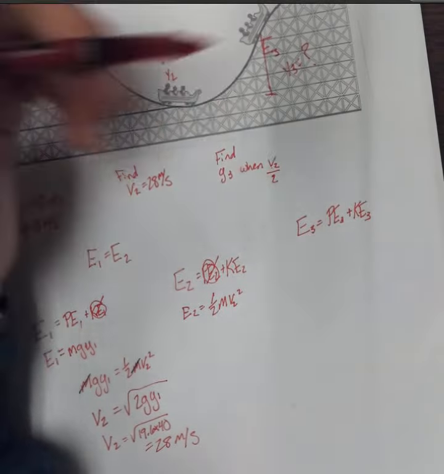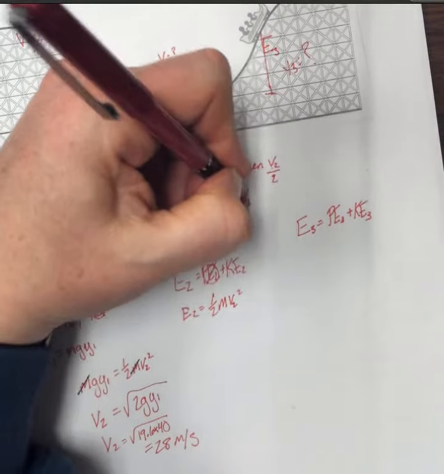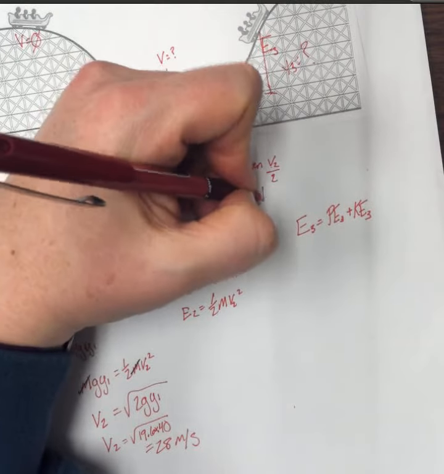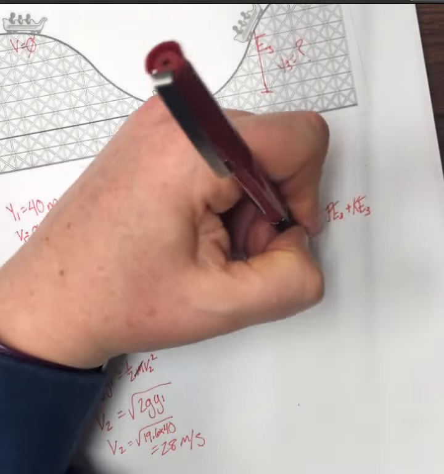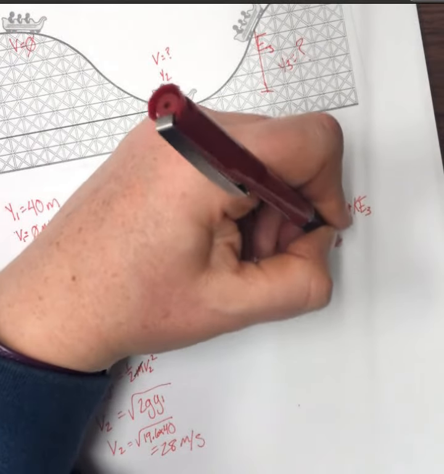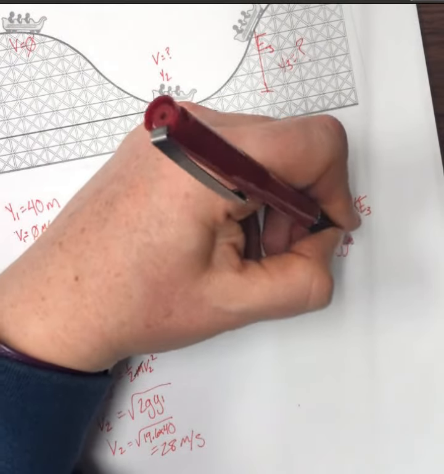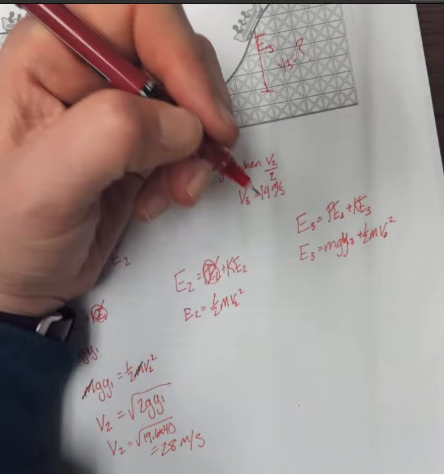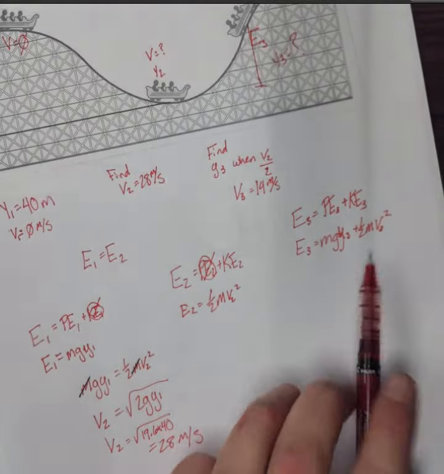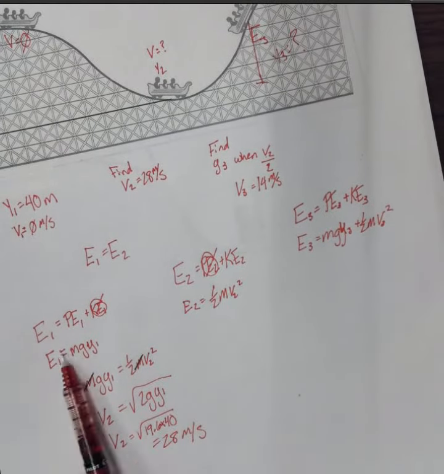So that means that the velocity is going to be 14 meters per second. So E3 is going to be equal to mg Y3 plus 1/2 mv3 squared. And that's equal to the energy at point 1 and point 2.